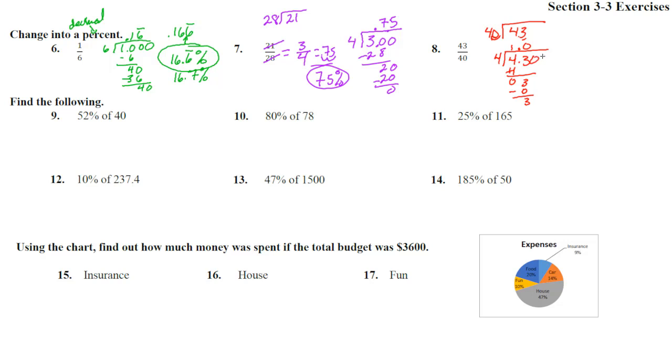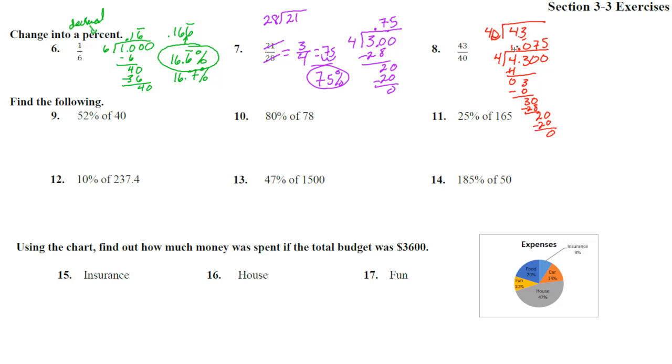Better have another 0 here or 2. Drop down that. 4 goes into 30 7 times. 7 times 4 is 28. Subtract and we get a 2. Drop down the 0. 4 goes into 20 5 times. And that comes out nice and even.